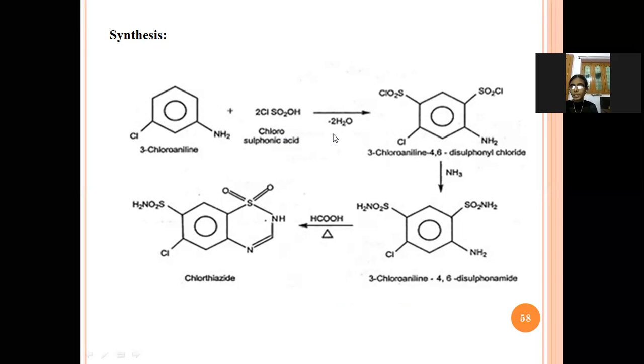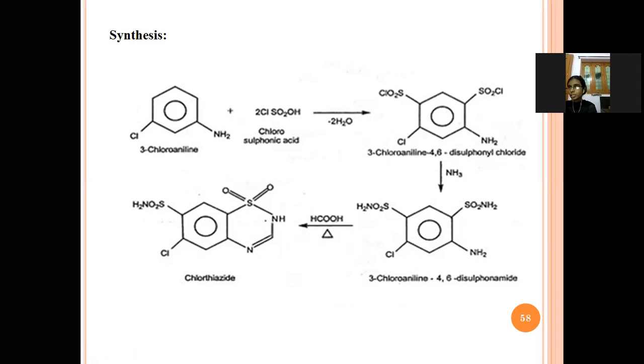Here what will happen is the water molecule will get eliminated and the remaining chlorosulfonic acid will get attached to the 3-chloroaniline to form 3-chloroaniline 4,6-disulfonyl chloride. See here, the chlorosulfonic acid gets attached to the 3-chloroaniline in the fourth position and sixth position. So in fourth and the sixth position, the sulfonyl group is attached.